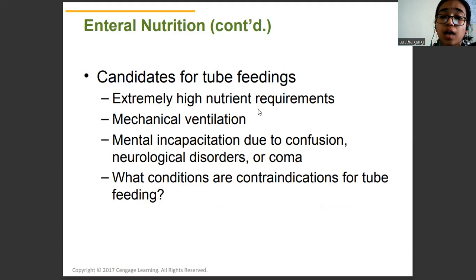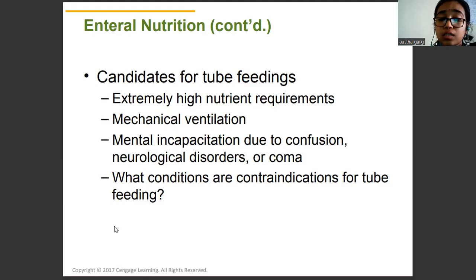The patient needs high nutritional requirements that are not being fulfilled because the patient is not eating food. Mechanical ventilation. Some confusion, neurological disorders or coma can be a condition in which enteral nutrition can be opted. These are the things when enteral nutrition is opted.